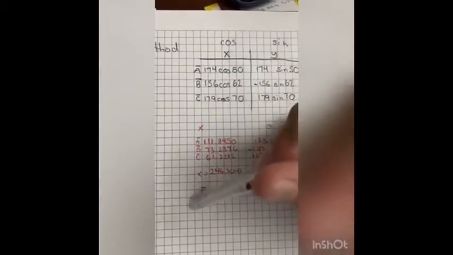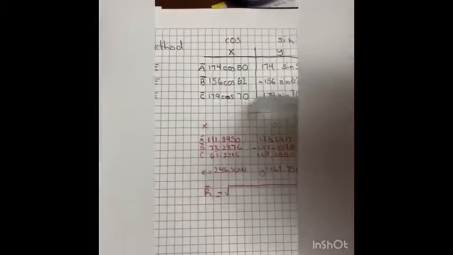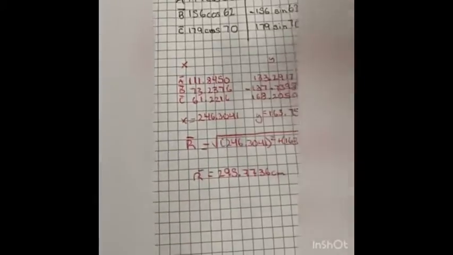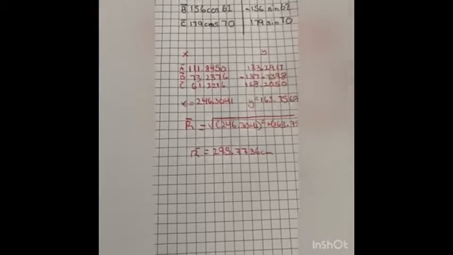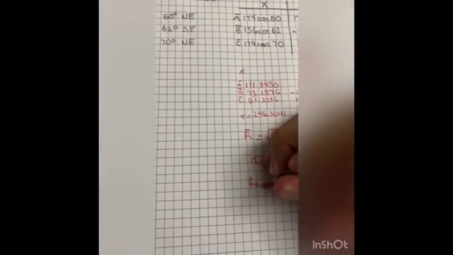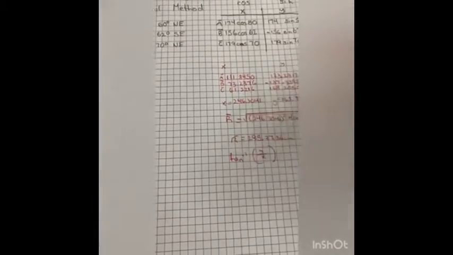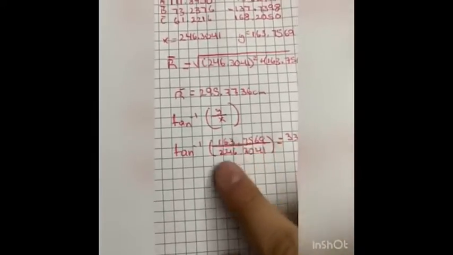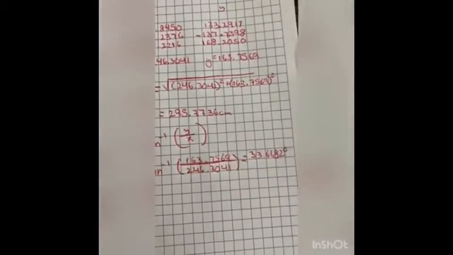And to have our final vector, we need to do the square root of x squared plus y squared. It's 295.77 centimeters, and then we need to find the angle and the direction. So we do the inverse tangent of y over x, and pass this to our calculator, and the final answer is 33.61 degrees.